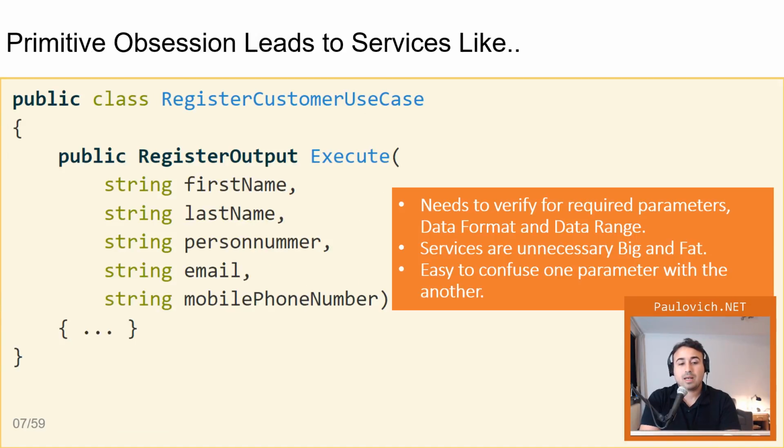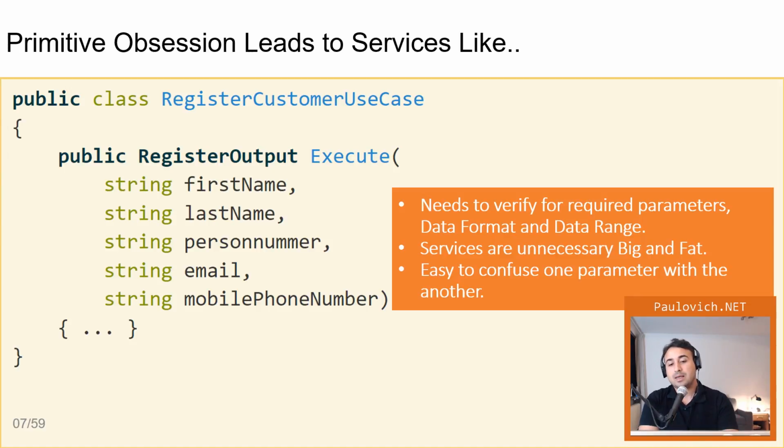So when I wanna register a customer, I receive basically all the fields: first name, last name, person number, email, and mobile phone number. Every time I wanna deal with these fields, I need to check for the data format and data range.